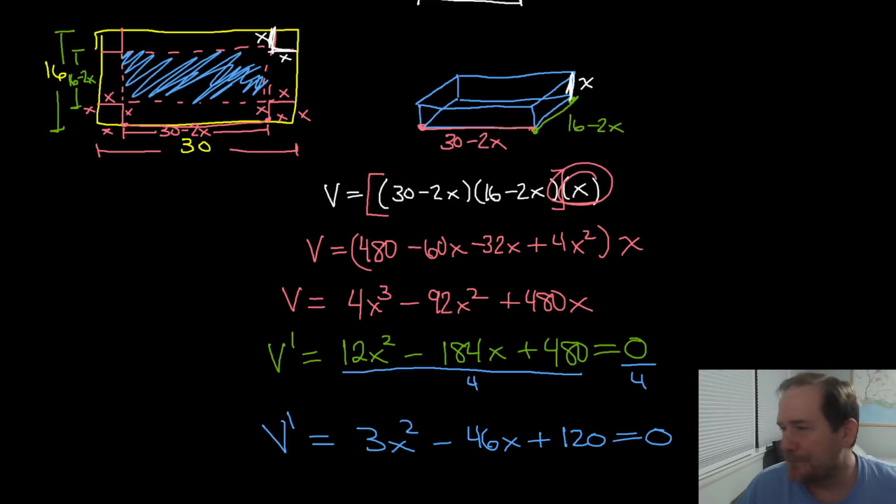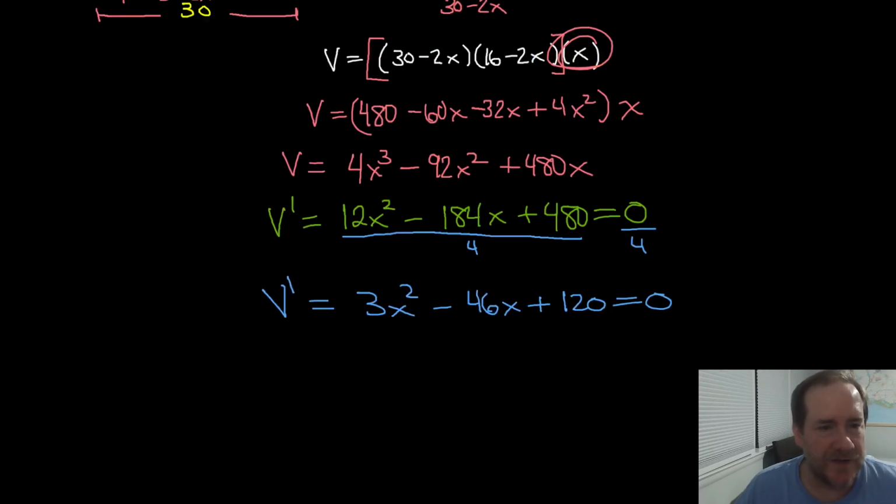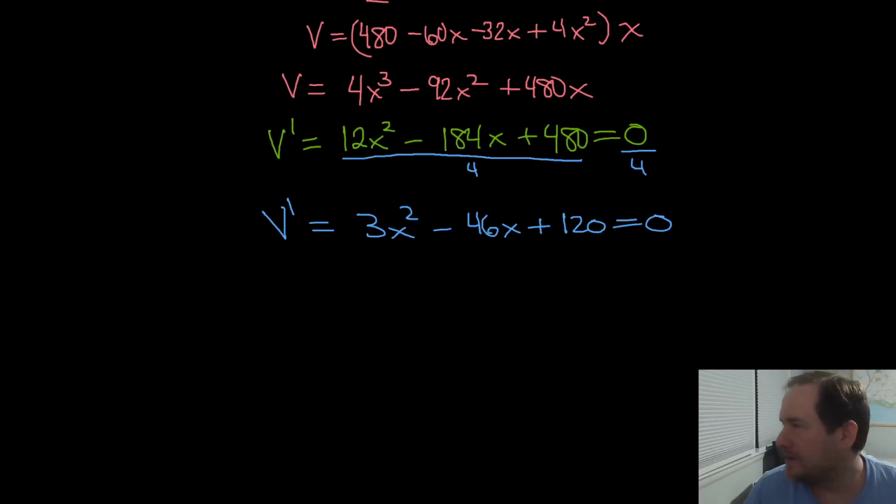Alright, so now we got to try to factor that thing, and it already looks like it's going to be pretty tough because 3 times 120 is 360. And that number's got kind of a lot of possible factors, so we better try to be organized here.